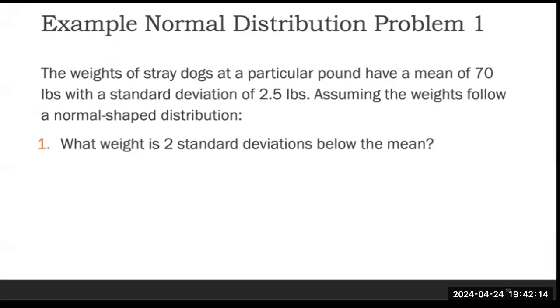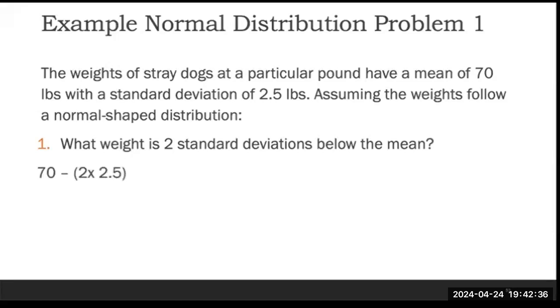So 70, take away 2.5, you're going to calculate that. You're going to calculate 1, 2, and 3 standard deviations below the mean, and you're going to calculate 1, 2, and 3 standard deviations above the mean. First thing you should do when you get this problem. So then if I say what weight is 2 standard deviations below the mean, it's really easy for you to answer.